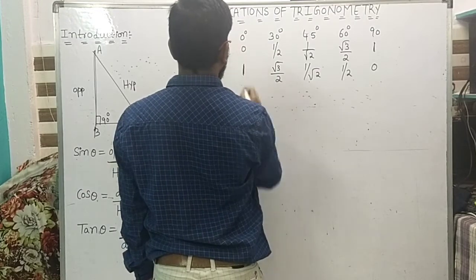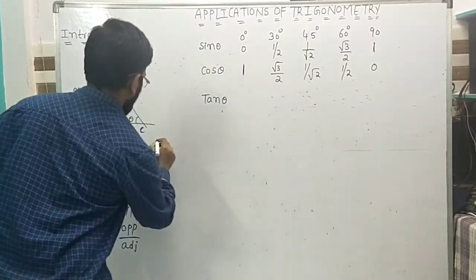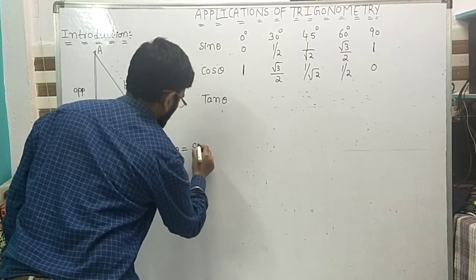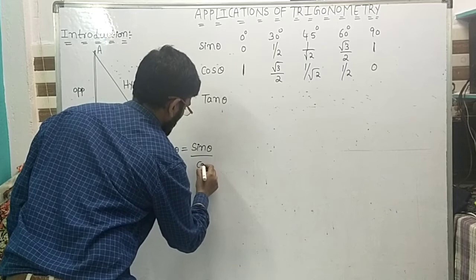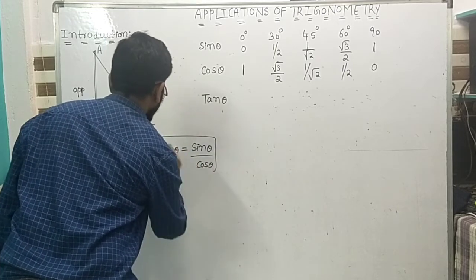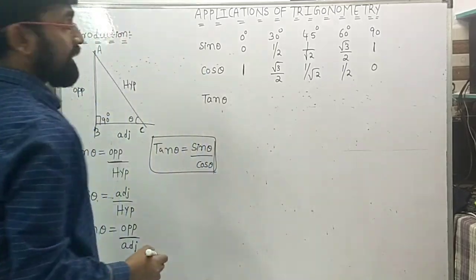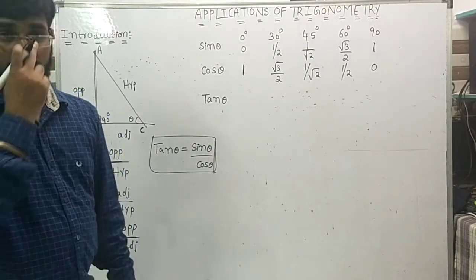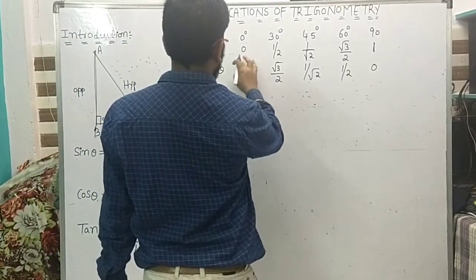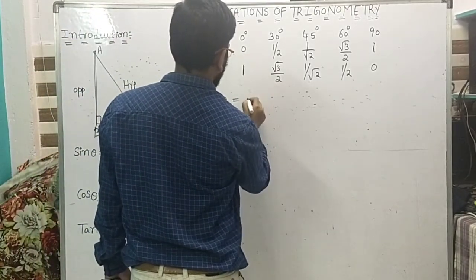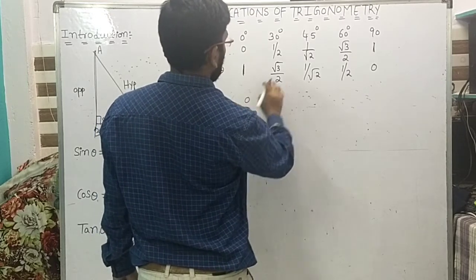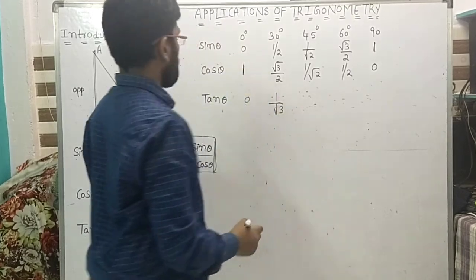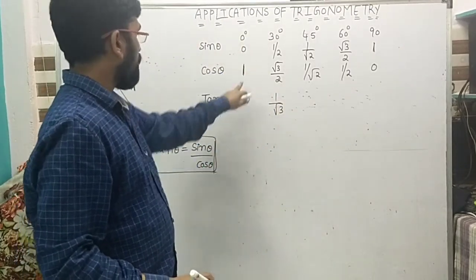Next, tan. If you divide these two, why? Because tan theta can be written as sin theta by cos theta. So 0 by 1 is 0.